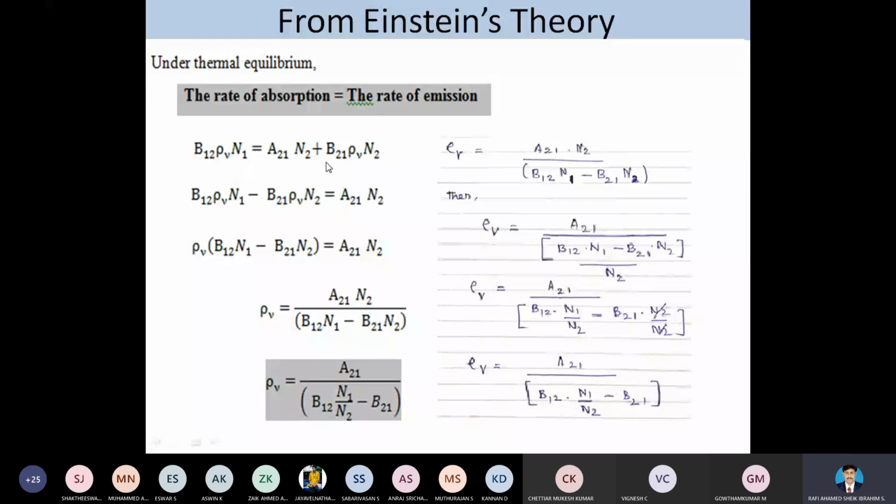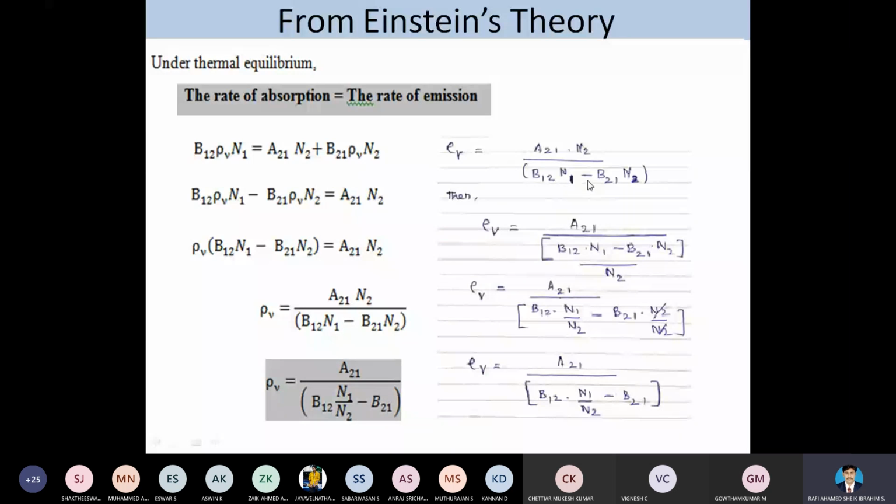If you know the values, please place these values in the Einstein's condition. Then you can find the value of rho V. So here, after this, what are we going to do? On this condition further, I have given the changes here. So what we are getting as the final result, I have given the steps for it. What are the steps we have to follow? See, rho V is equal to A21 N2.